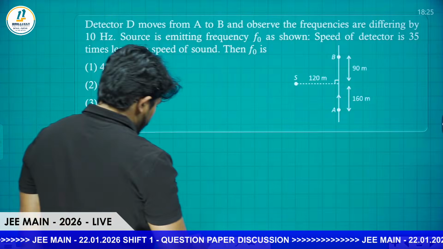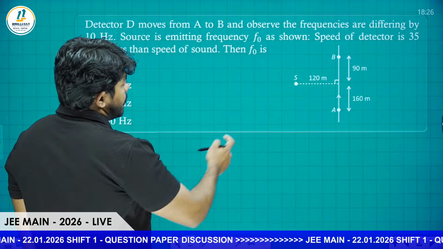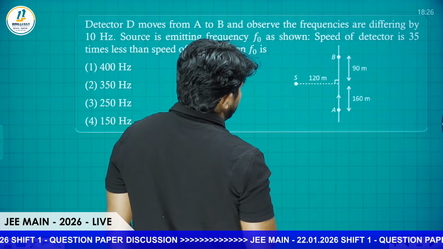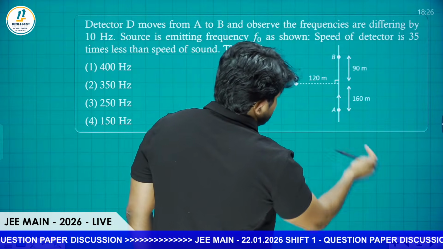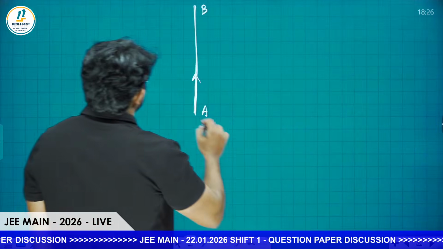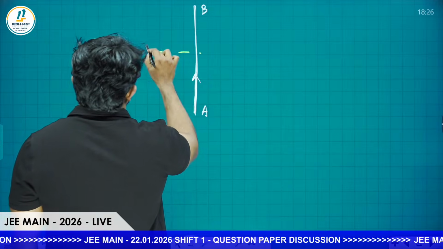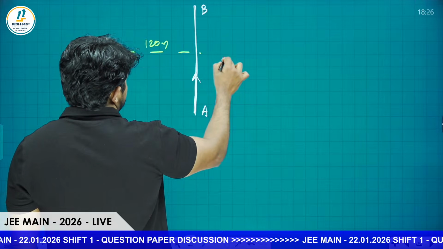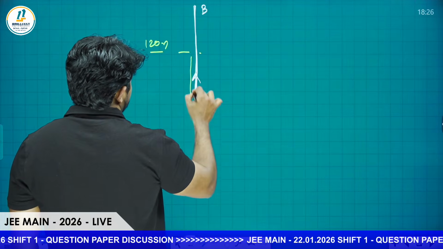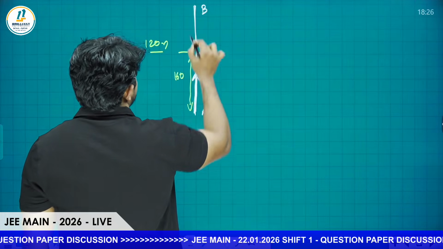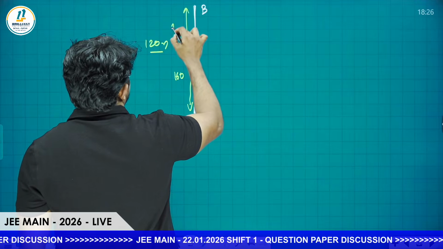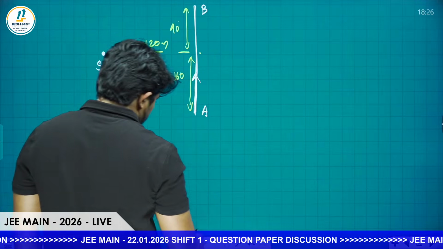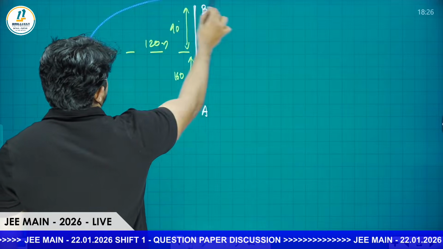Some distances are given: the source is 120 meters away from the detector, and they are giving this distance as 160 and this as 90. Okay, so these are the values.